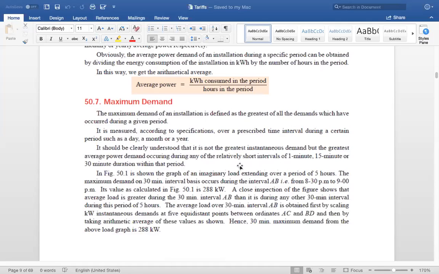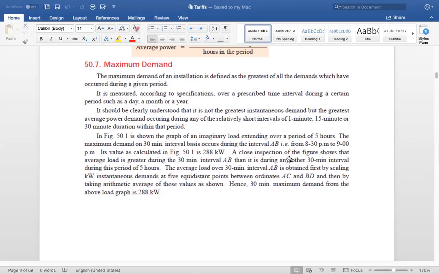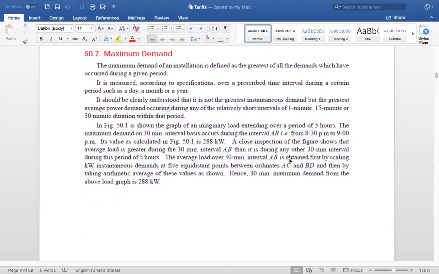So that's why we have maximum demand control, so that whenever we reach a certain maximum, the machines which are not necessary for the production are switched off. Maybe air cons or fans or something like that.